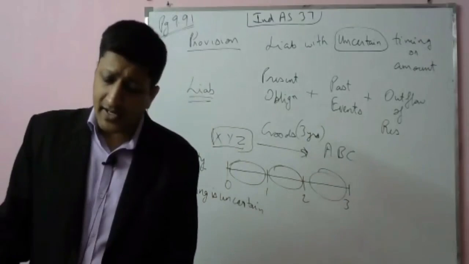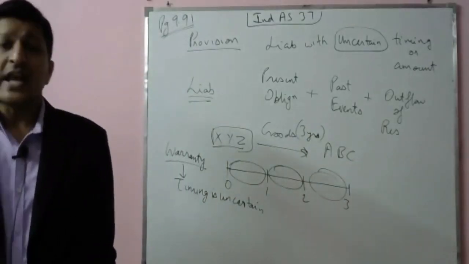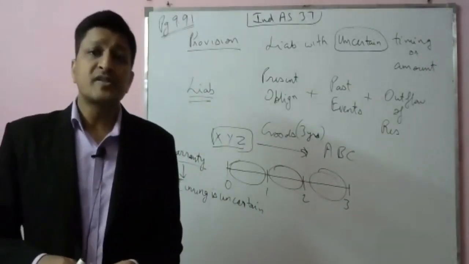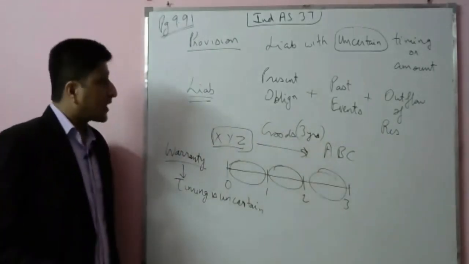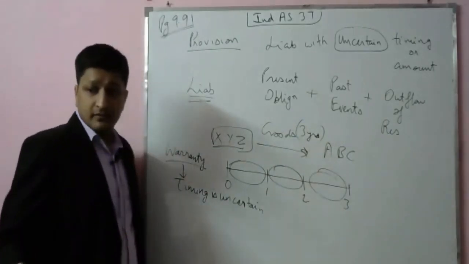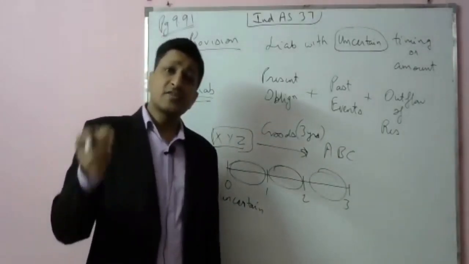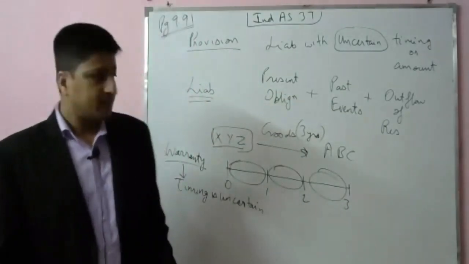Can we say that the amount is something which XYZ today will know with certainty? Again, it seems to be very difficult. Why? Because if XYZ is not certain about the timing, how can the amount be certain?